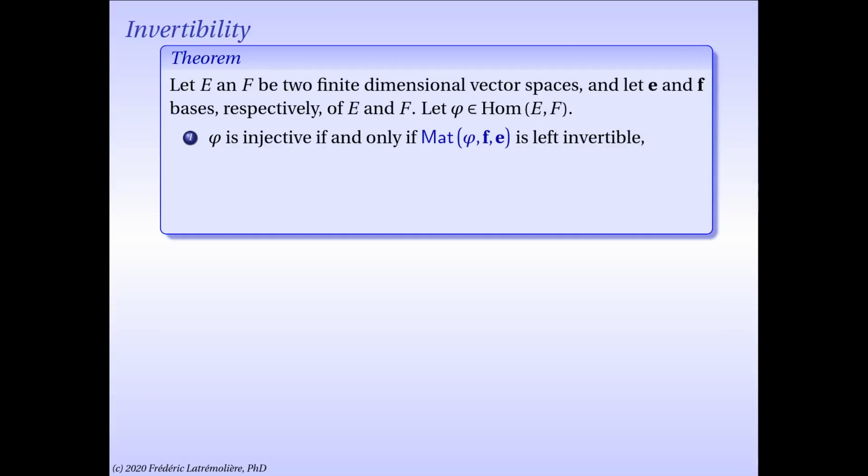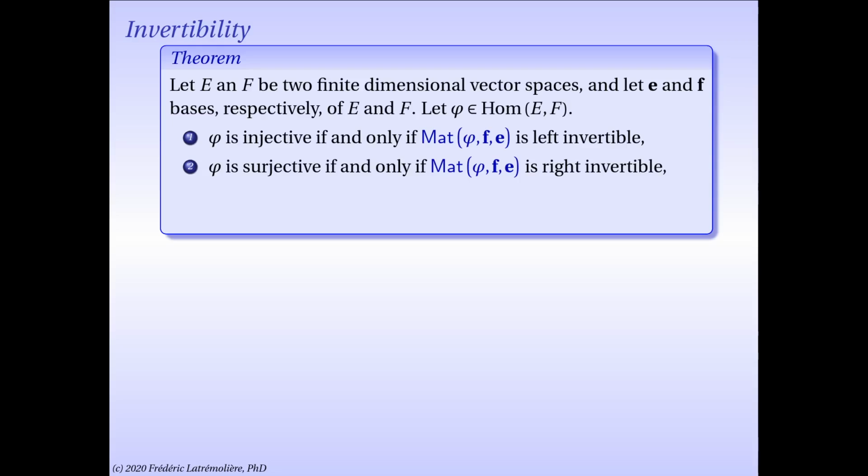We first discuss invertibility. Let phi be a linear map from a finite-dimensional vector space E to a finite-dimensional vector space F. Let bold E be an ordered basis of E, and bold F be an ordered basis of F. The function phi is a linear injection if and only if its matrix in bold F and bold E is left invertible.